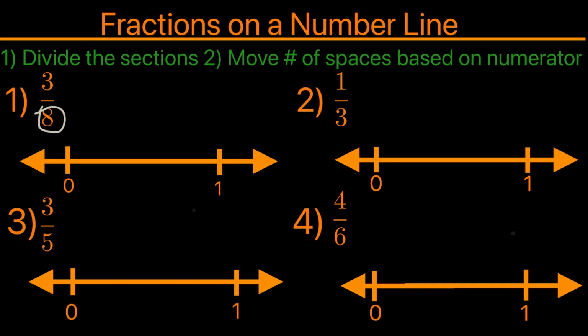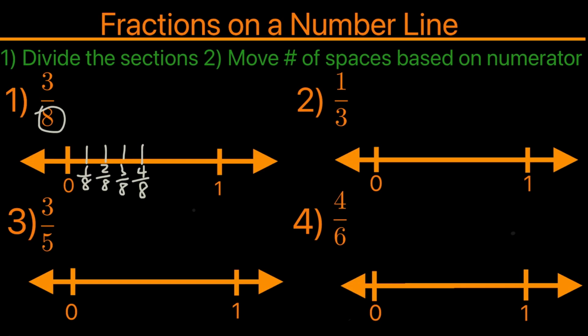Starting from the middle, since it's 8, we know there's going to be 8 sections. So the middle part would be 4/8. And then you would need 3 sections here, so this would be 1/8, 2/8, and 3/8.